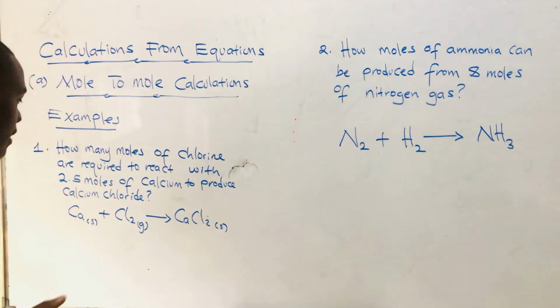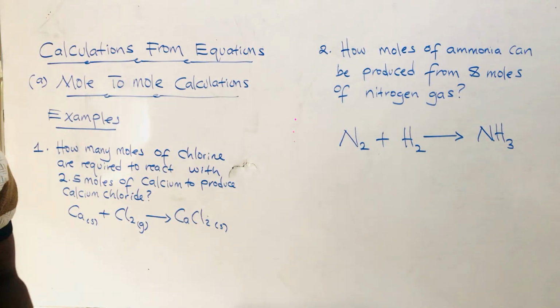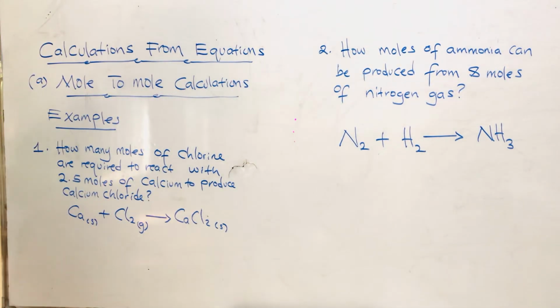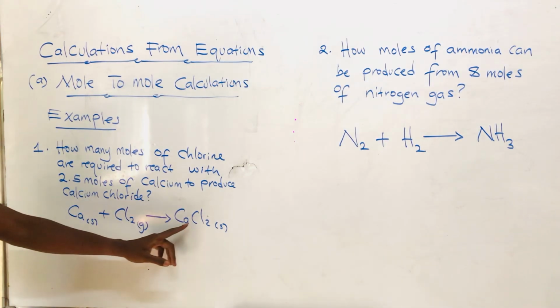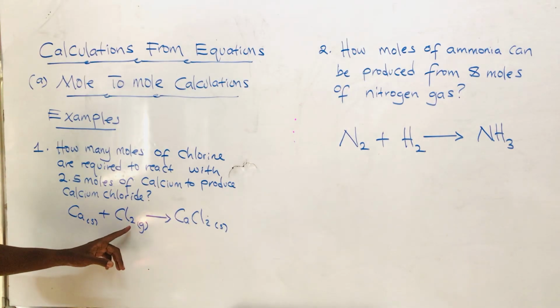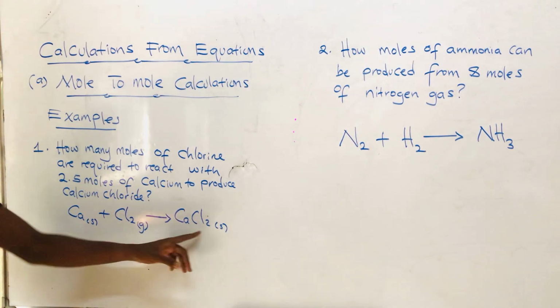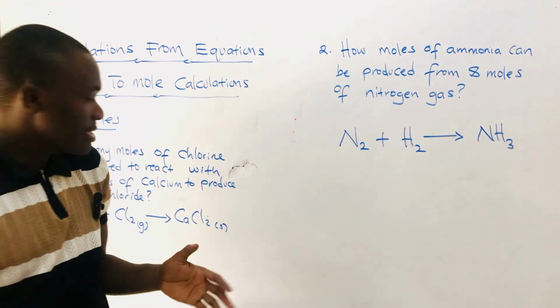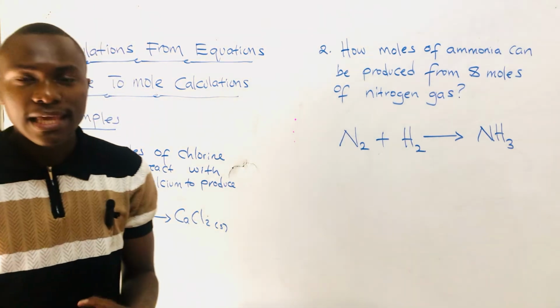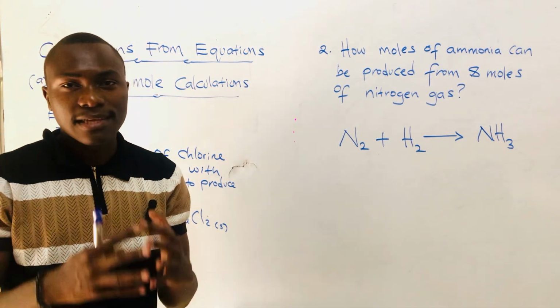Now, step number one, I have always told you that you need to balance the equation. So let's balance this equation. How many atoms of calcium are here? On the reactant side, we have 1 atom of calcium, 1 atom of calcium. 2 chlorine, 2 chlorine. So we said that such type of equation is said to be a self-balanced equation.